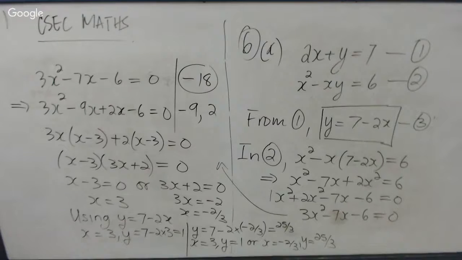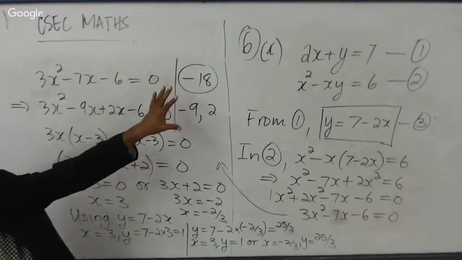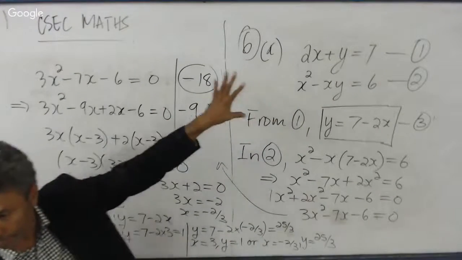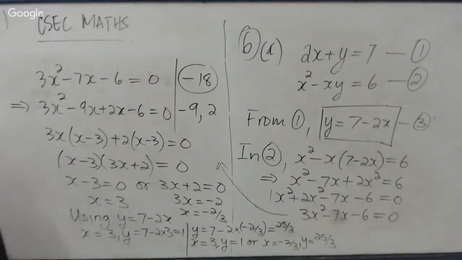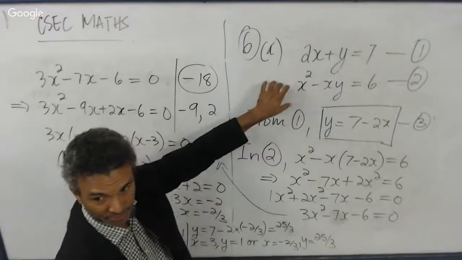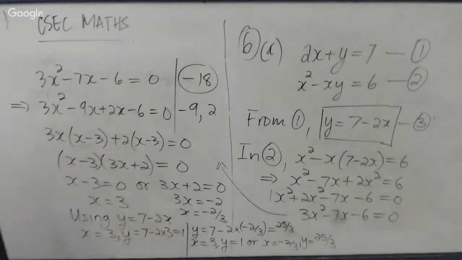Right. Now 6a. And clearly, that's a little bit of work here. So you want to know what you can attempt in the second section. This question only appears in the second section. The first section, simultaneous, is the one where you can use elimination. This will never appear in the first section. So, optional, yes.